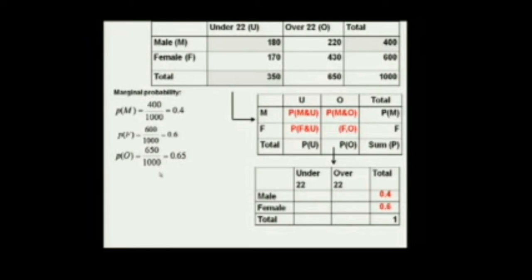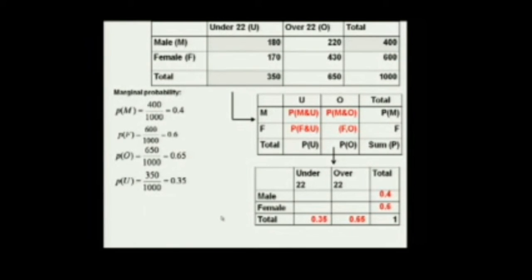If we go to the probability of over, all over are 650 divided by the total of 1,000, that's 0.65, and this will have to come right here. Probability of under, all under are 350 divided by the total of 1,000, that's 0.35, and this will have to come here.